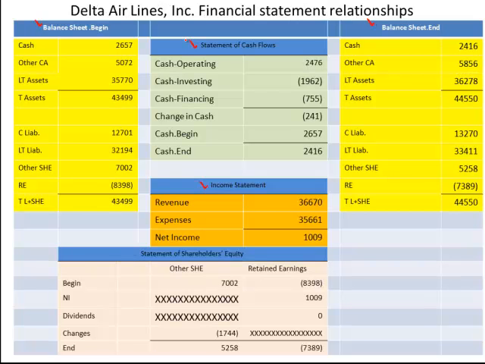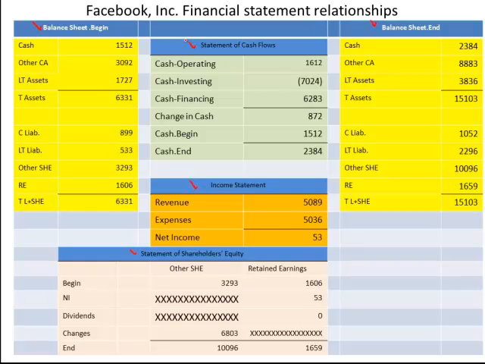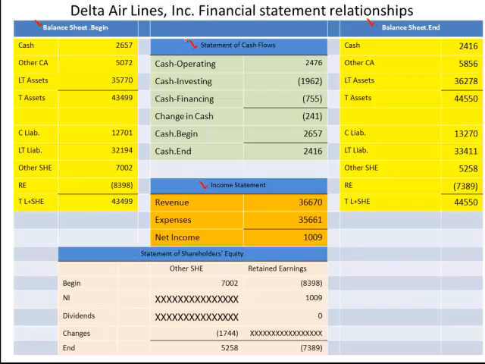Notice that Delta has a lot of long-term assets. Facebook doesn't have very many long-term assets. So it's very interesting always to look at the anatomy of these accounts and the relative sizes of the various assets, liabilities, shareholders' equity, revenue, or expenses.